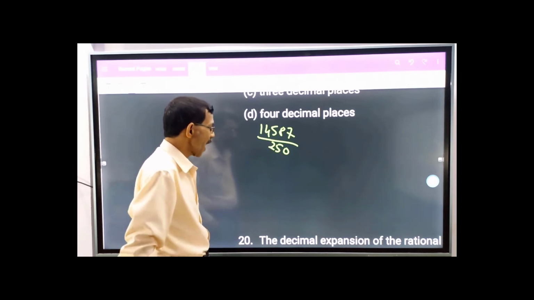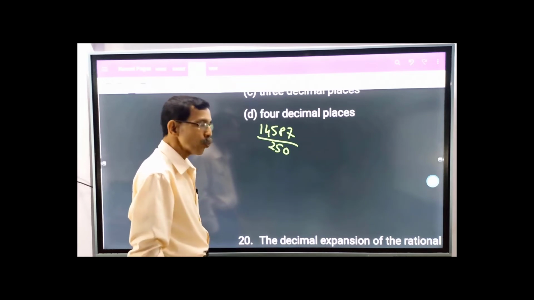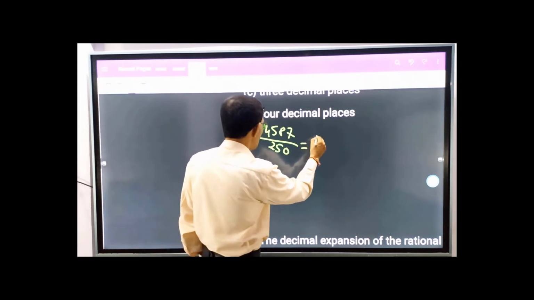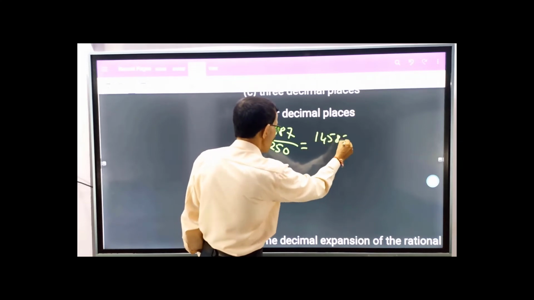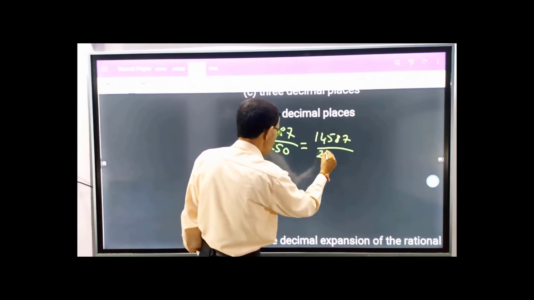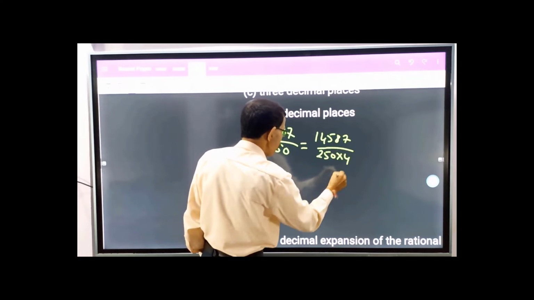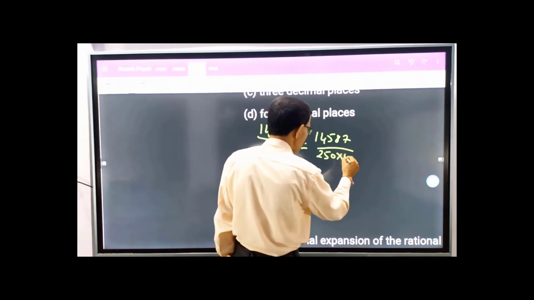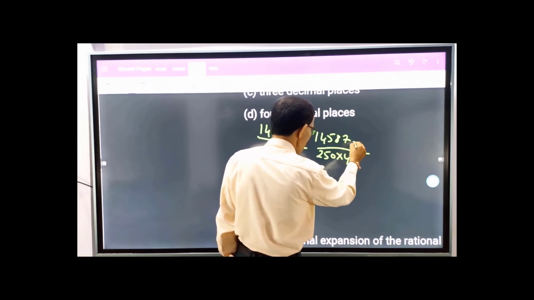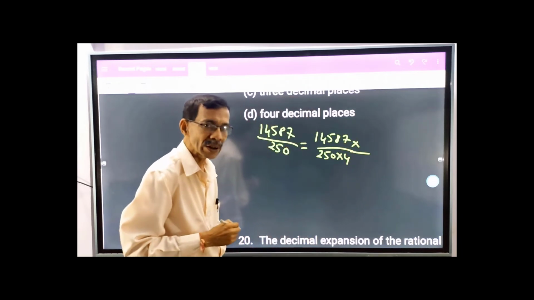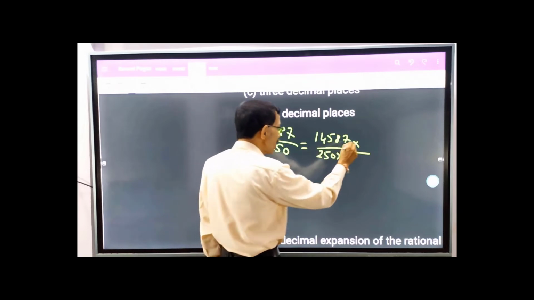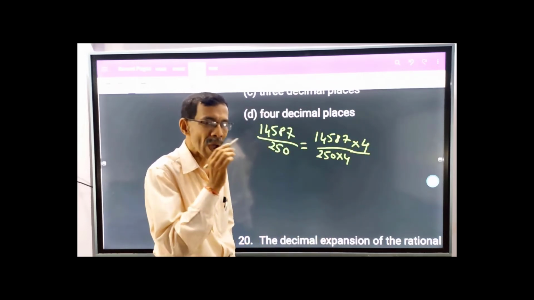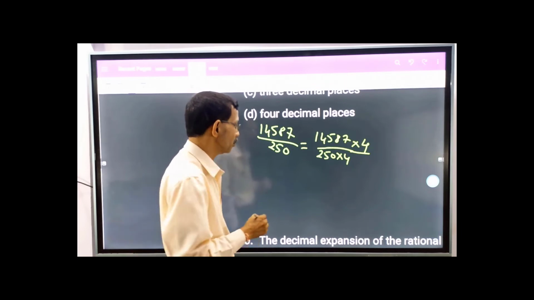So for that I can multiply it by 4. If I multiply this by 4, this will be 14587 divided by 250 multiplied by 4. 250 multiplied by 4 will become 1000. Of course, while I multiply the denominator by 4, the numerator I also have to multiply by 4 to balance the given number.